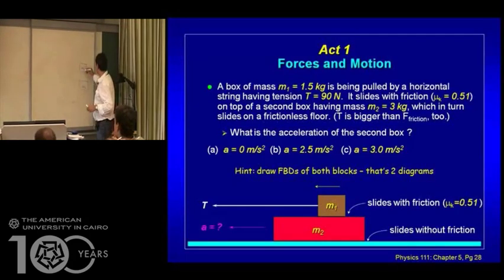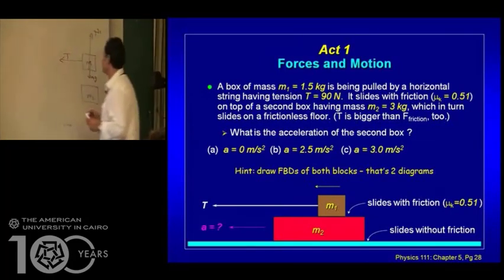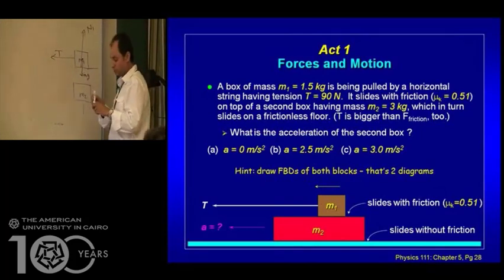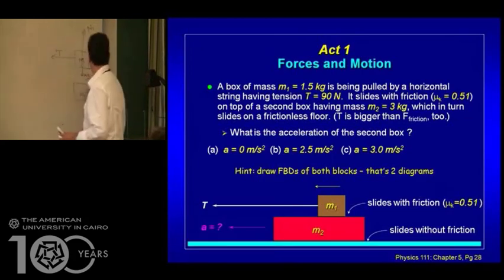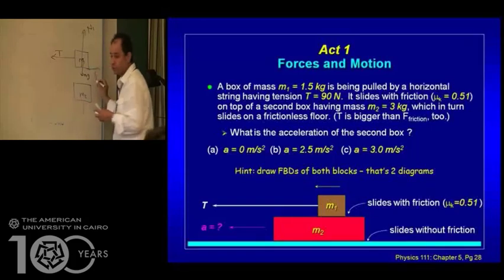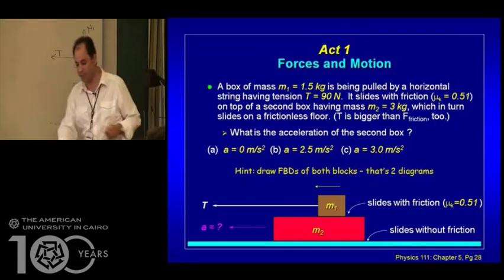Normal force, and gravitational force, M1G. And tension. And friction. What is the direction of the friction? Is that kinetic frictional force or is that static? It's kinetic frictional force. Okay, this is the free body diagram for object number 1.